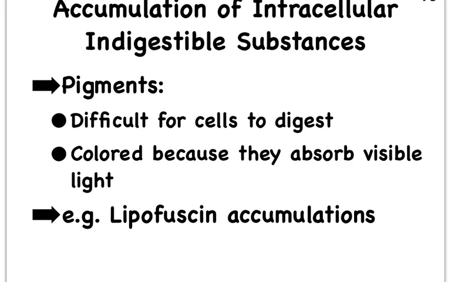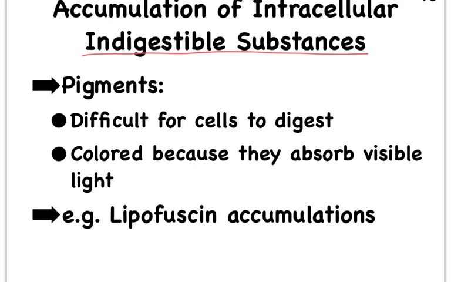Now, if we continue our discussion on things that can accumulate inside of cells, as mentioned before, sometimes cells just do not have a way of getting rid of something, and we'll refer to these as indigestible substances. Pigments for cells, for some reason, are very difficult to digest.